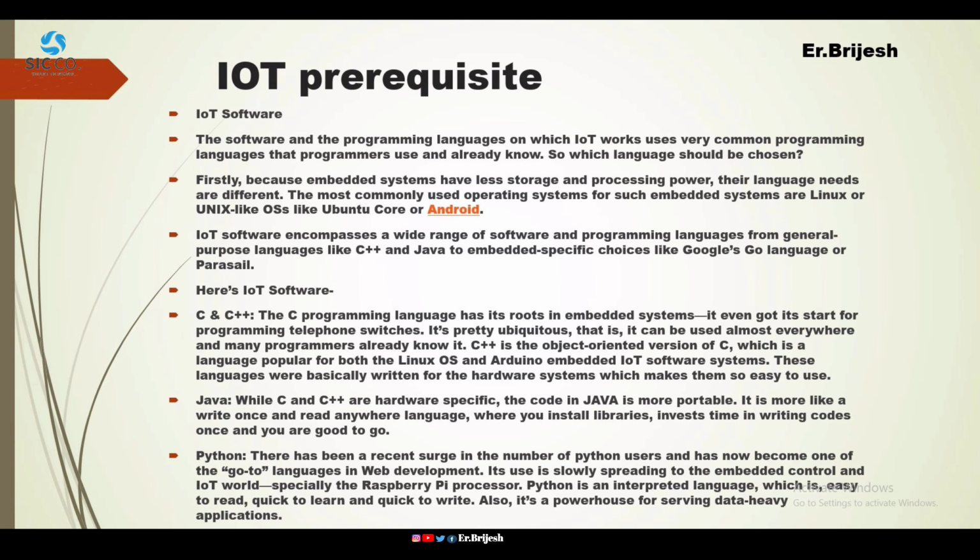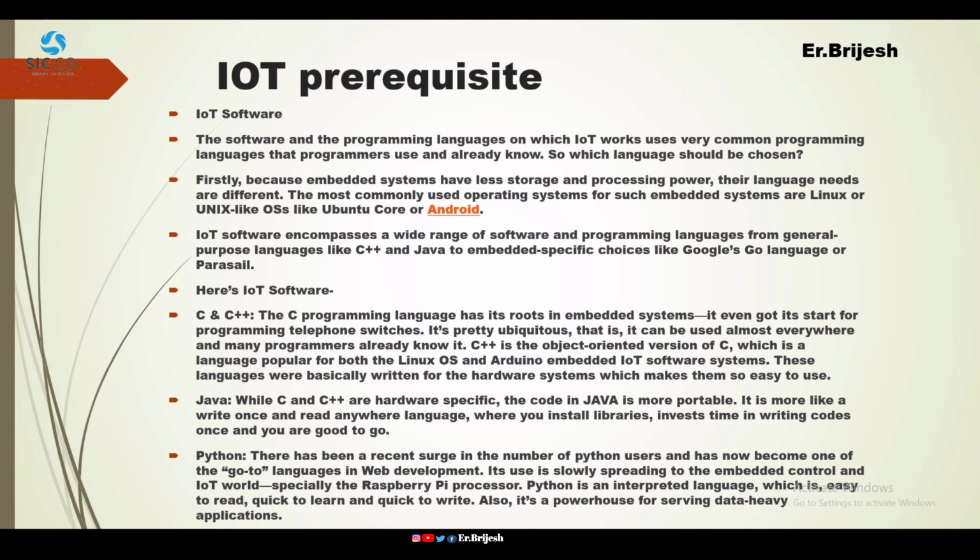So IoT prerequisites deal with IoT software. The software and programming languages on which IoT works are very common programming languages that programmers already know. So which language should be chosen? Firstly, you must know that embedded systems have less storage and processing power. Their language needs are different.